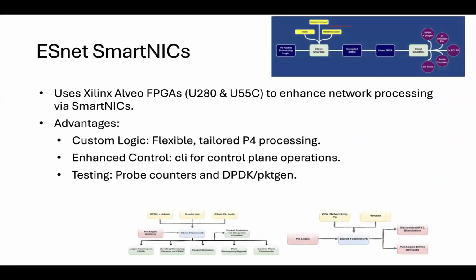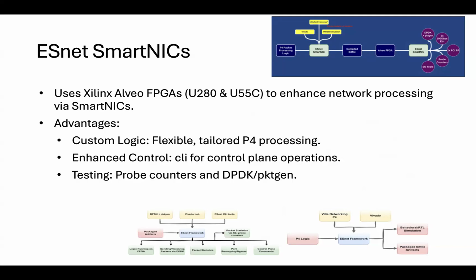And this, of course, relies on the ASNet SmartNIC tool, which is a set of wrappers, a set of prepackaged SmartNIC tools and command line interface tools provided by ASNet that allows us to use the Xilinx Alveo family of FPGAs, now AMD, so the AMD Alveo family of FPGAs.